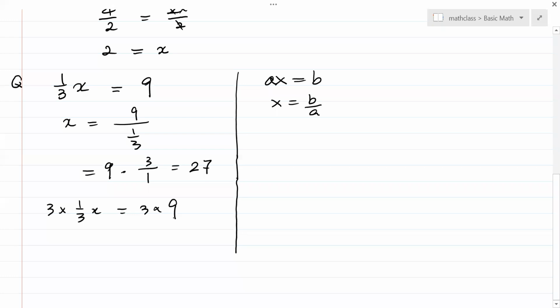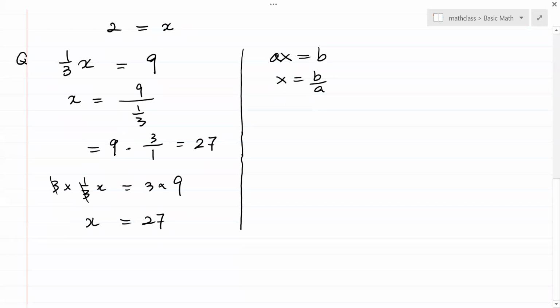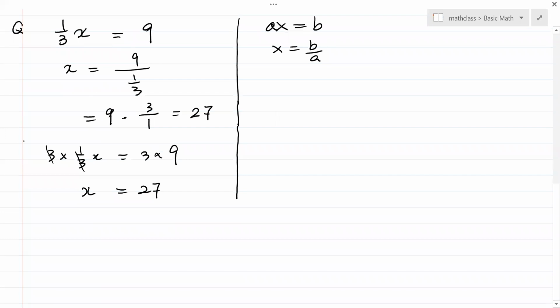Then you can get rid of this 3. The left-hand side is just x, and the right-hand side is 27. You see, it's much easier to do the computation, but don't forget, you have to multiply every term by the same number, on both sides. So that is a quick way to do it.